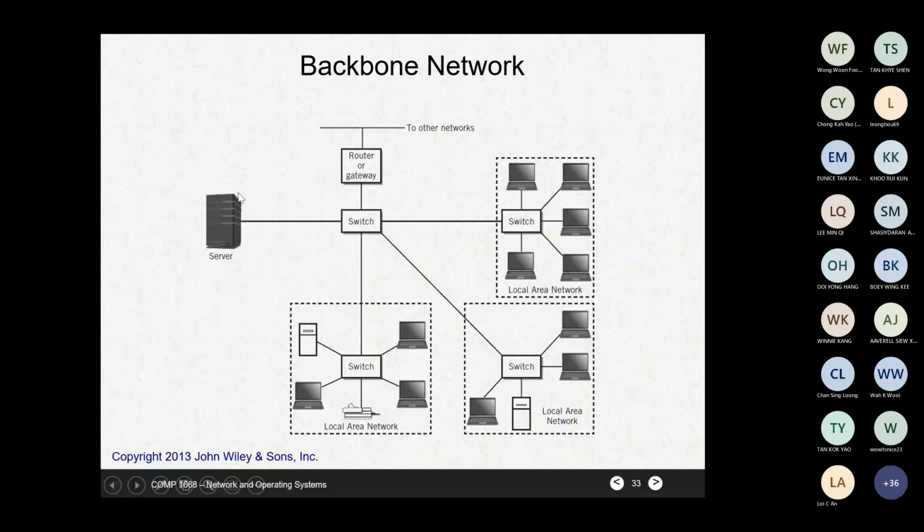This is internal, could be the organization itself, and the entire organization is connected to the outer world through the router, or what we call the gateway.